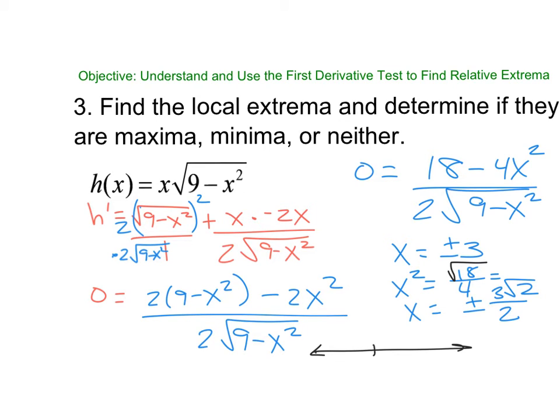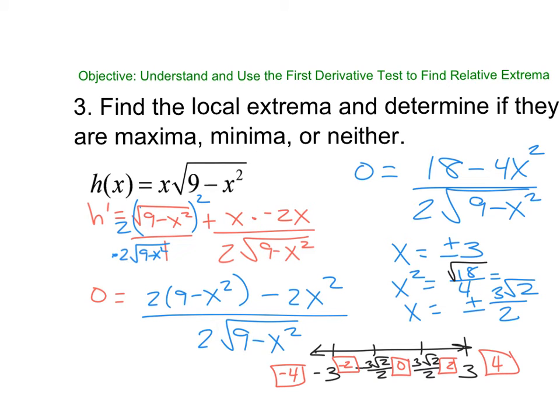So we have negative 3 root 2 over 2, and then over here is negative 3. 3 root 2 over 2, positive 3. So I'm going to do negative 4, negative 2, 0, 2, and 4. So those are what I'm going to be plugging into the top.